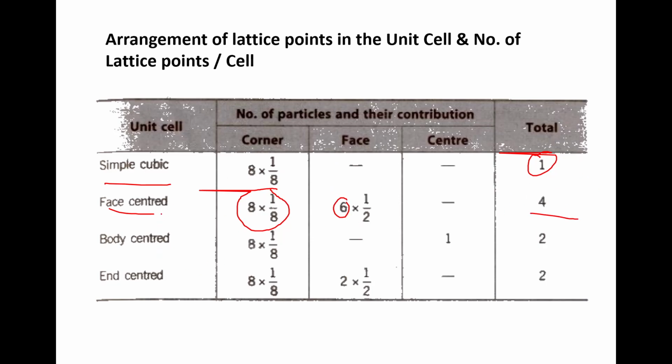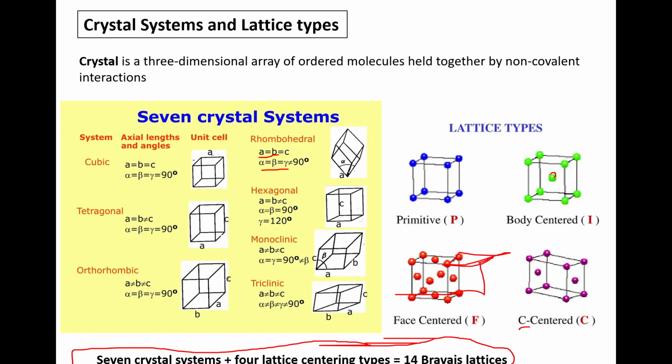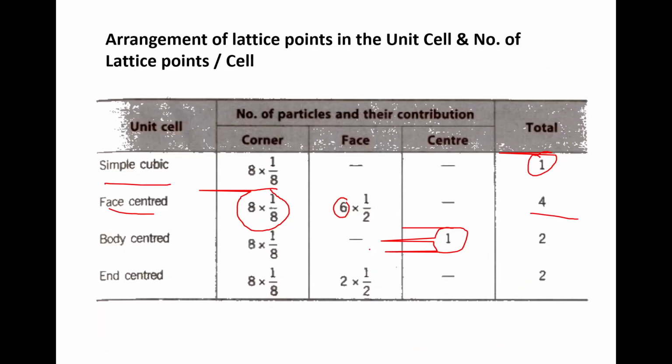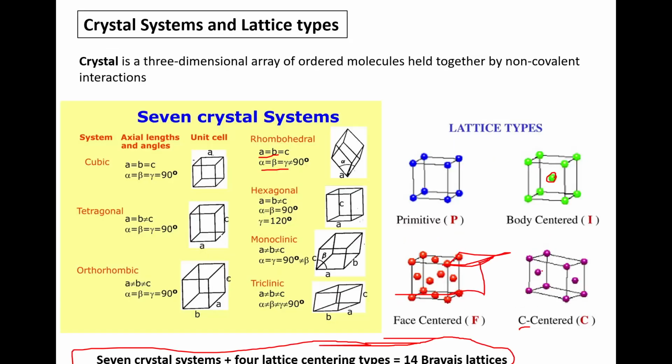If it is body centered, then there is a single atom inside, in the center of the body. That is this one. And the other 8 atoms are present at the 8 corners. So that is 8 multiplied by 1 by 8, which is 1, plus 1, that is 2. End centered, again there are 2 atoms, but they are shared with the adjacent cell, so there is a half contribution.